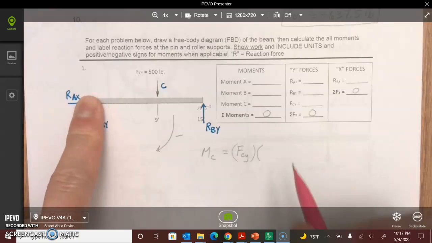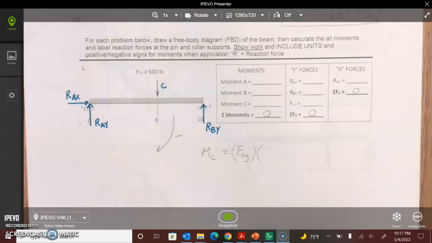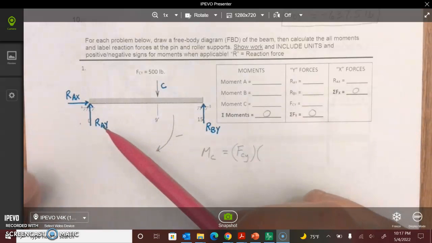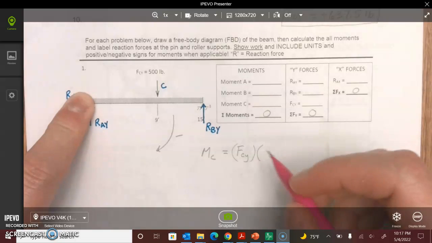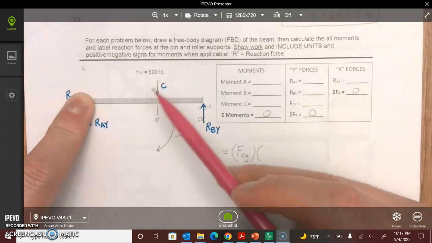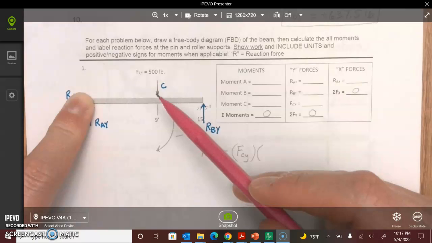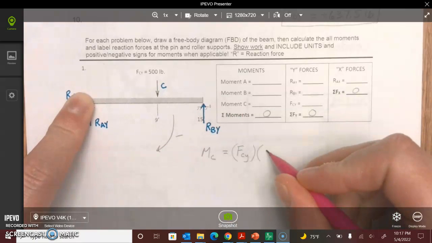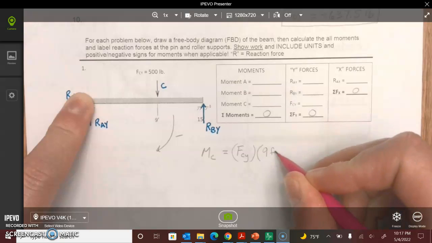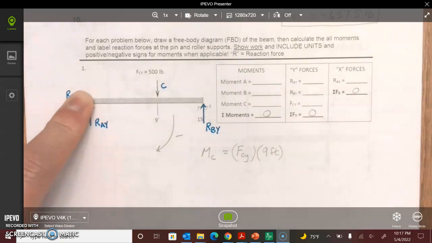We always want to start with the pivot point that has the most forces acting on it, which is this one. So we have a force there. What's the distance that force is acting away from that pivot? Well, it says 9 feet, so it's 9 feet away from that pivot point.